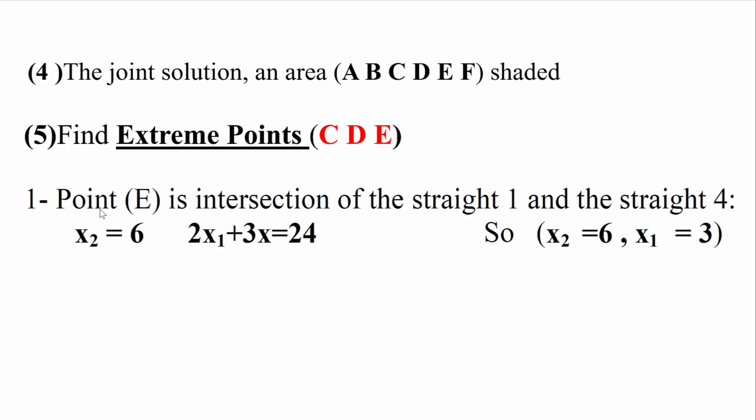So when x2 equals 6, we solve 2x1 + 3x2 = 24, which gives 2x1 + 3 multiplied by 6 = 24. So when x2 equals 6, x1 will be 3.